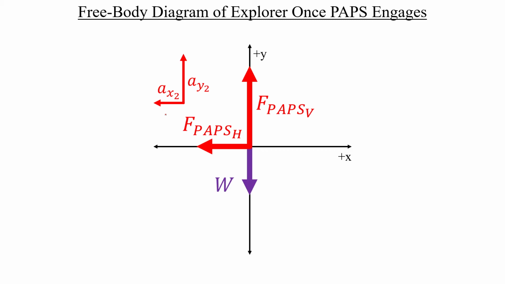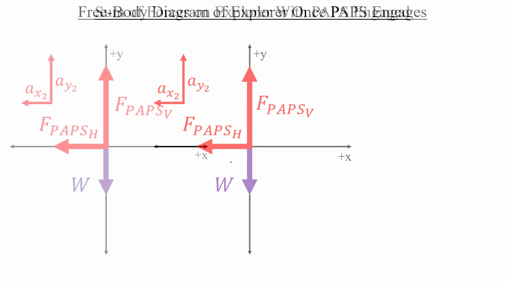Remember, in the sideways direction, the person is already moving at 33 meters per second. So we need to slow them down from a positive velocity down to 0. So that's kind of indicating why this horizontal piece is pointing in the left direction. But this is all the forces in the free body diagram. There is nothing else acting on the explorer. So we are free to move on to summing them accordingly.